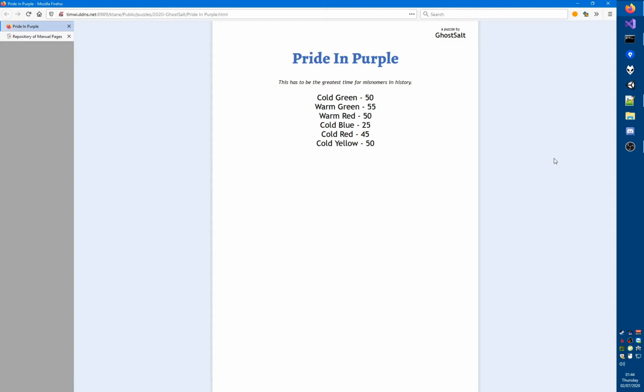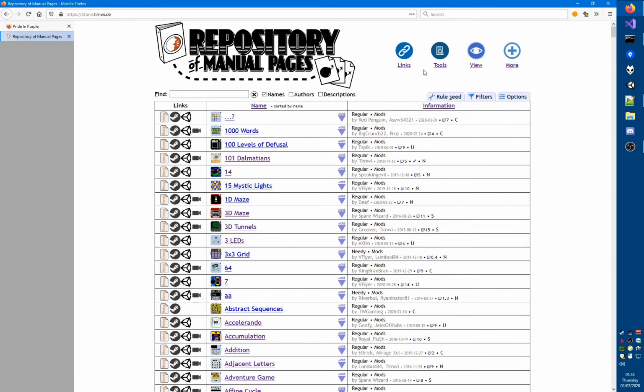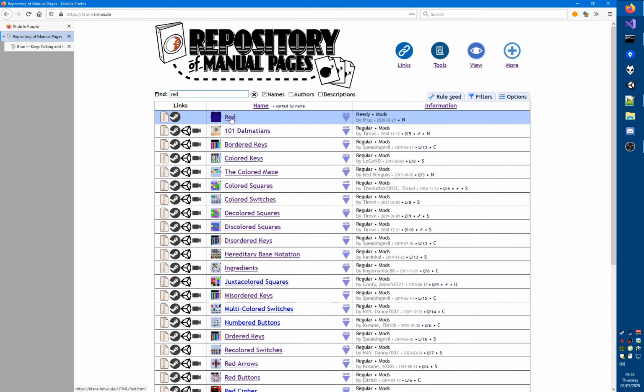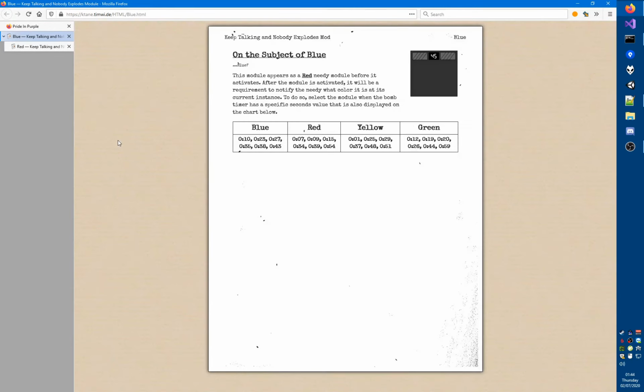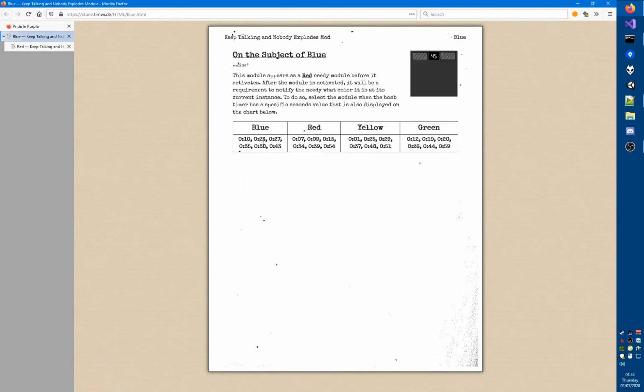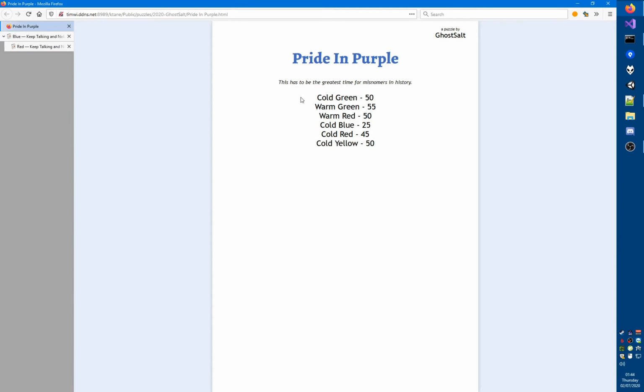So I received a hint from the author, and the hint was what makes purple. And that reminded me that there is a module called Blue and a module called Red. And they do indeed have numbers in the manual, and also consist of the colors red, yellow, green, and blue, which are exactly the colors that are being used in the puzzle.